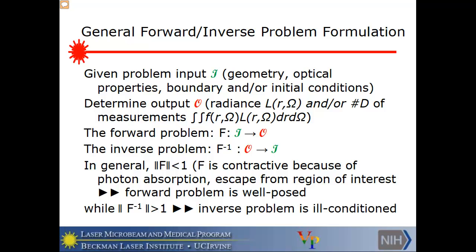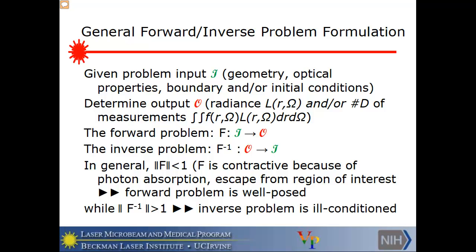If you're given the input here in green, consisting of the geometry and all these other conditions, and you want to determine the output, which would either be the full light field, the radiance L, and or a number D of detectors of measurements like this. F is the detector function. You may have a bunch of them. You may have one. So the forward problem takes you from I to O, and the inverse problem takes you back.